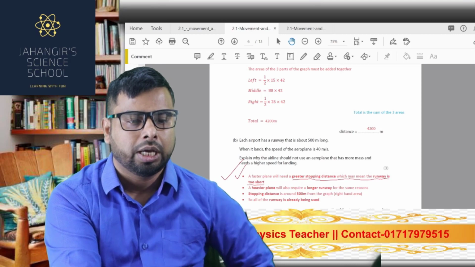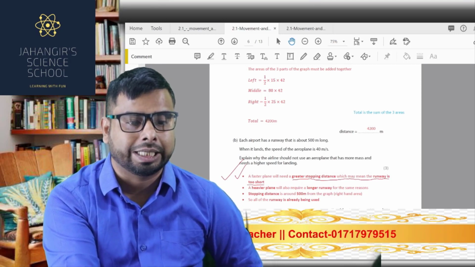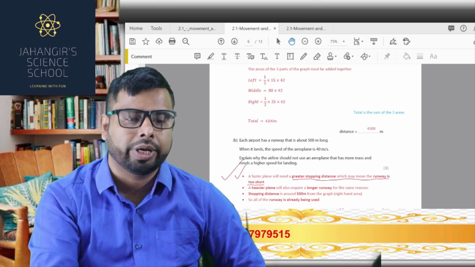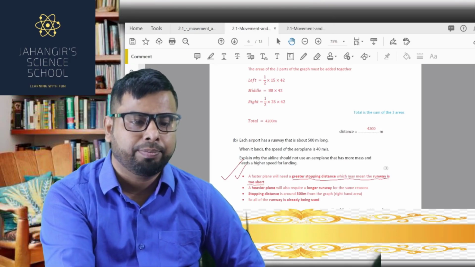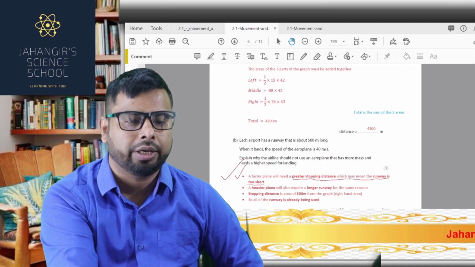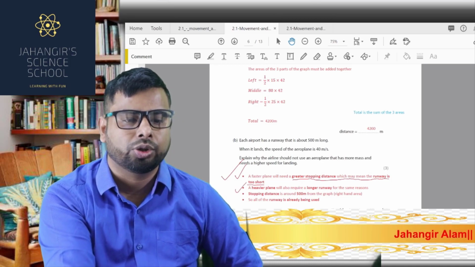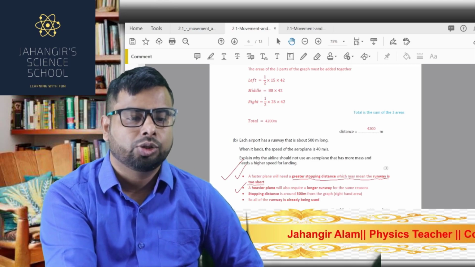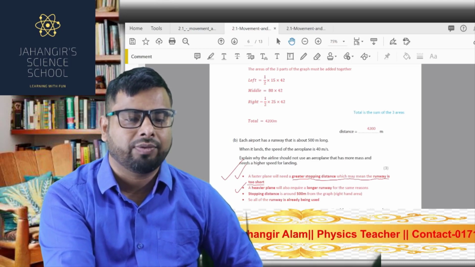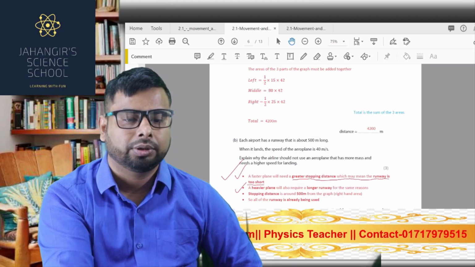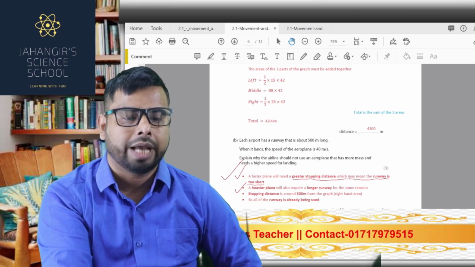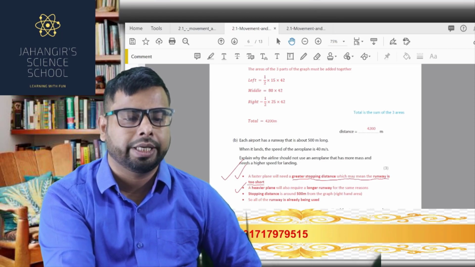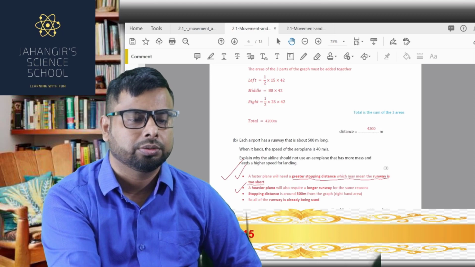So remember, a faster plane will need a greater stopping distance, which may mean the runway is too short. A heavier plane will also require a longer runway for the same reason. Stopping distance is around 500 meter from the graph, right hand area. So all the runway is already being used.